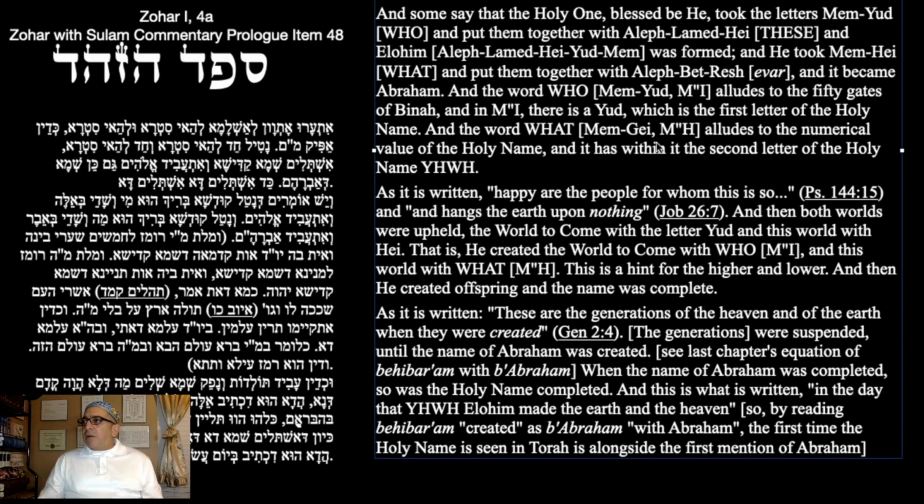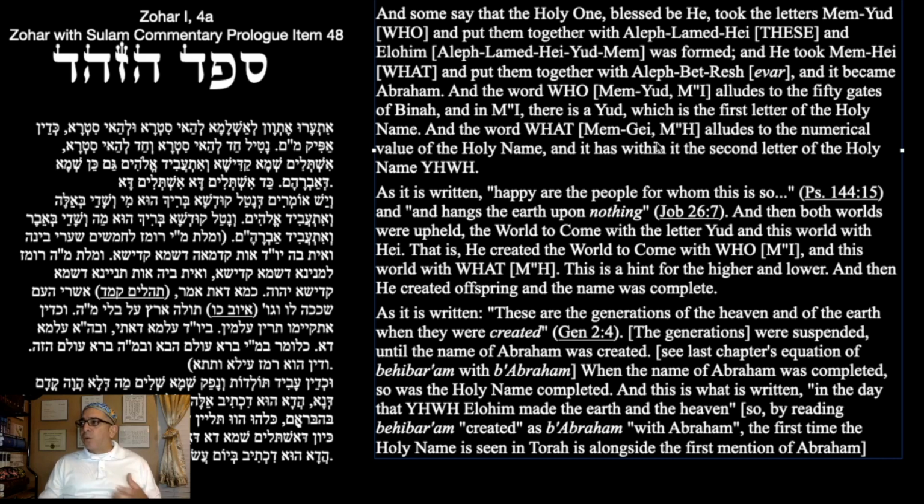And some say that the Holy One, blessed be He, took the letters Mem, Yod, which is mi, which signifies who, when you translate them, right? And put them together with the Aleph, Lamed, Hey, which is ele, these, and Elohim was formed. And he took Mem, Hey, that's Ma, which means what, and put it together with the Aleph, Bet, Resh, Hey, and it became Abraham.